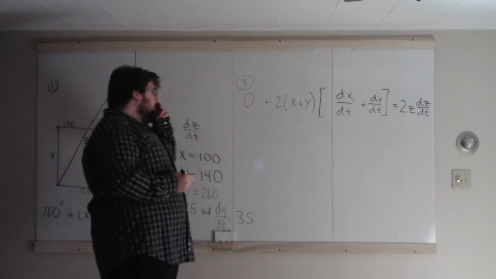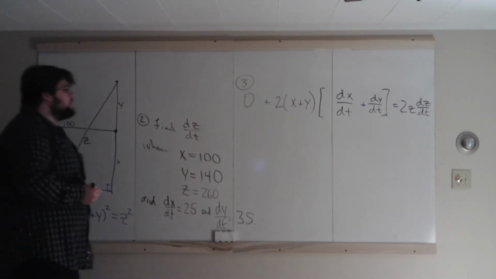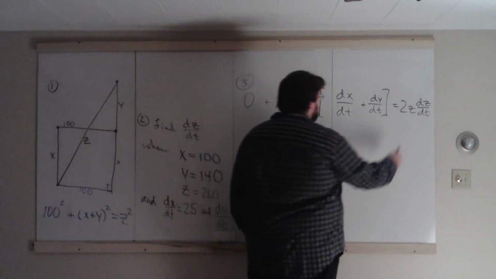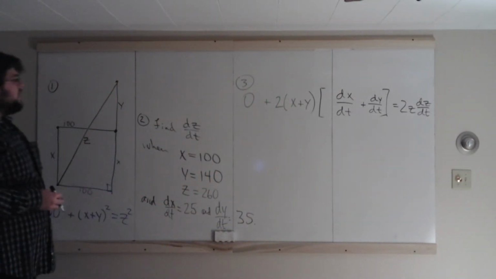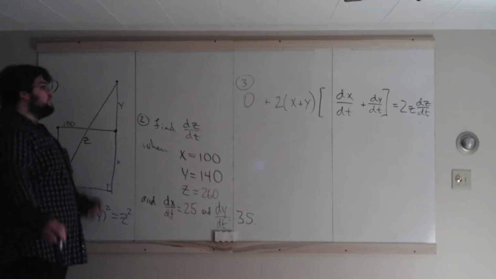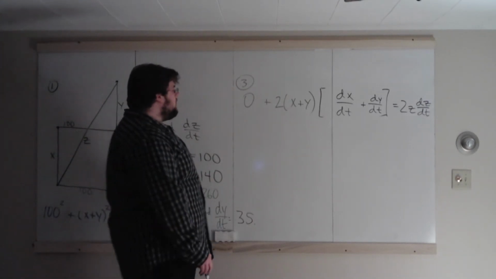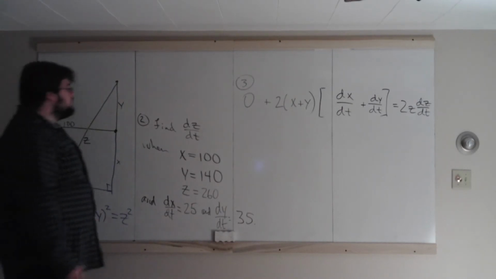Problems like these are why I cross my z's. If I didn't cross my z's, I would confuse myself a lot more than I like confusing myself. But the derivative on the right side, z is a function of time, so you have 2z times the derivative of the inside. And now, we just need to substitute all these numbers and solve.